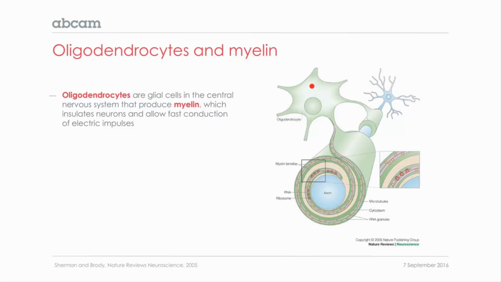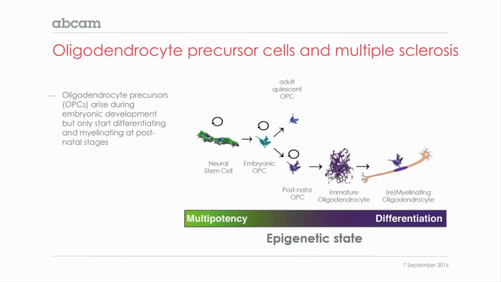These oligodendrocytes also have function providing metabolic support to neurons. Now, oligodendrocytes arise from neuroepithelial cells, from neural stem cells, about mid-gestation during mouse embryonic development, around embryonic day 12.5.